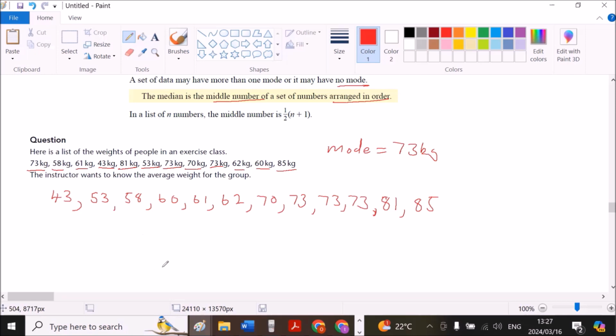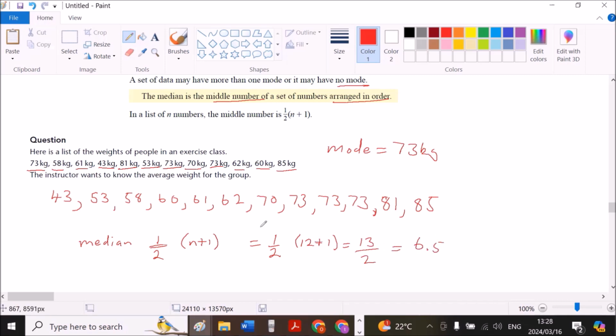So our median is (n plus 1)/2, n representing the number of masses. So we have 1, 2, 3, 4, 5, 6, 7, 8, 9, 10, 11, 12. So this will be (12 plus 1)/2, which is 13/2, which is 6.5.